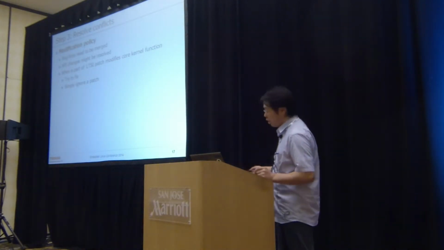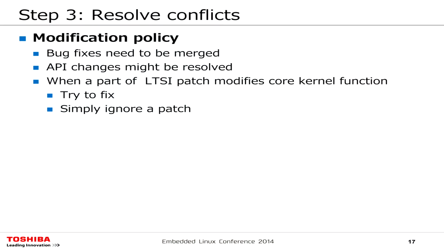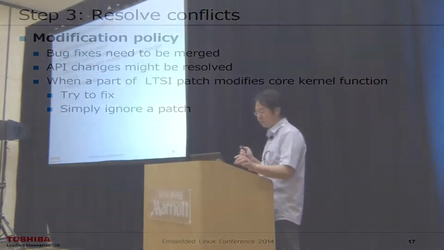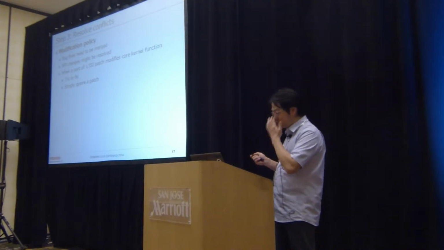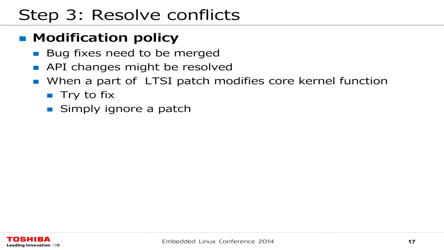So in that case, when we get the conflicts, we have to think about the modification policies. And I recommend this one. All bug fixes need to be merged, but API changes might be resolved. Because some LTSI kernel parts modify the core kernel part, in that case, it's difficult to resolve.